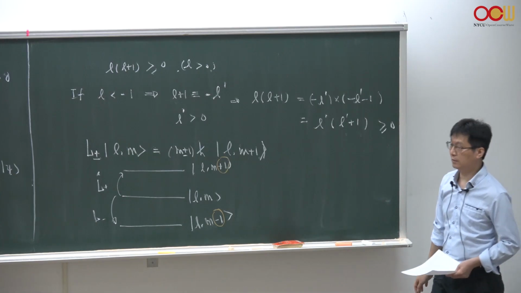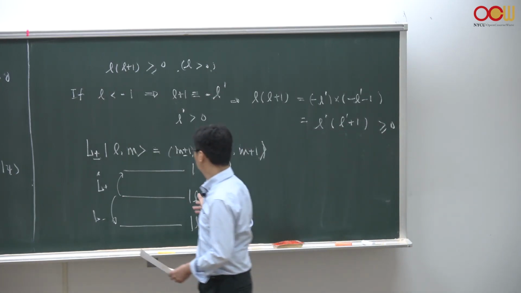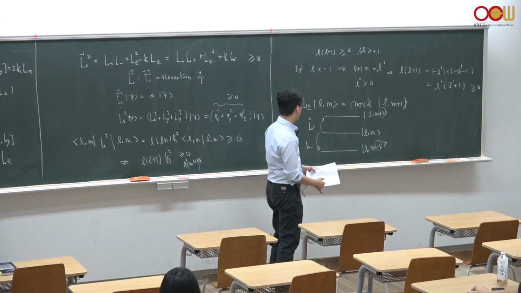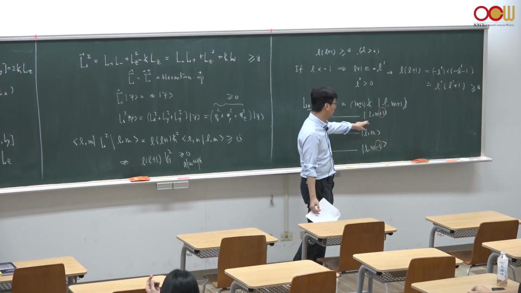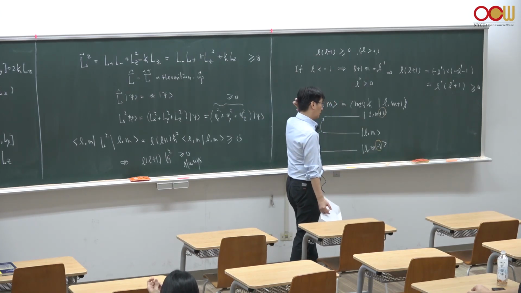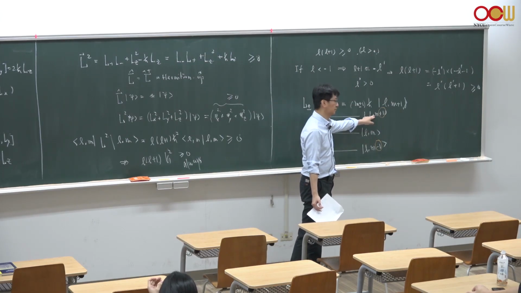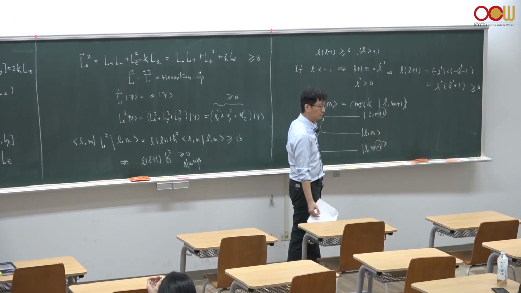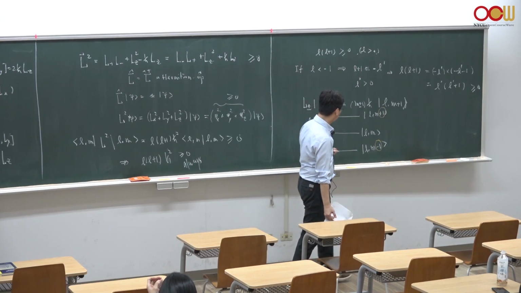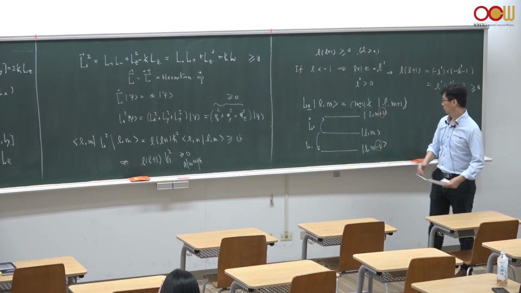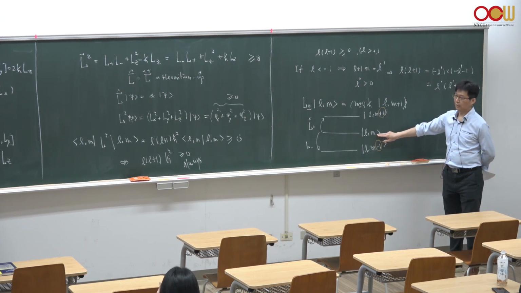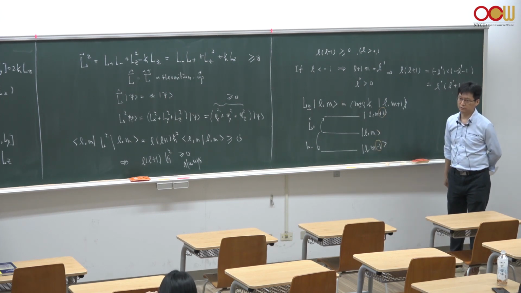We don't have time to prove this, but we will prove it next time, that L plus is indeed a raising operator which raises the eigenvalue of Lz by 1 when we apply it, and L minus is a lowering operator which lowers the eigenvalue by 1.